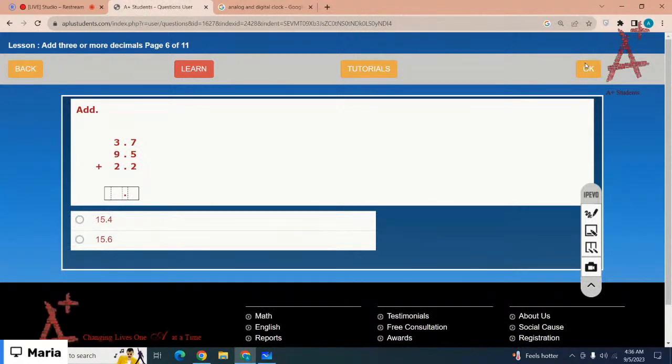The next one is you have to add. So which is the correct option? Just add and write the answer in the chat box.